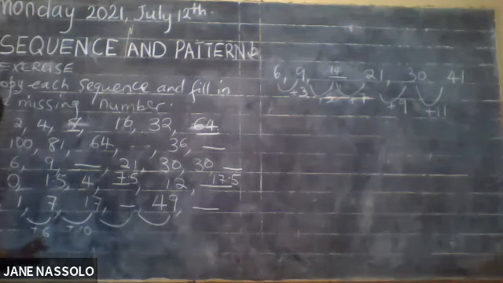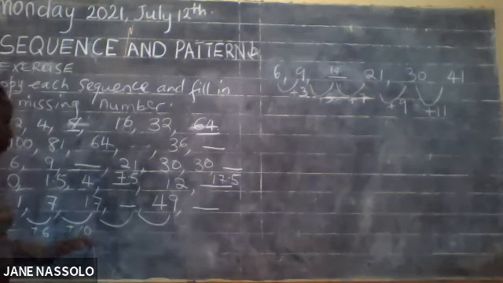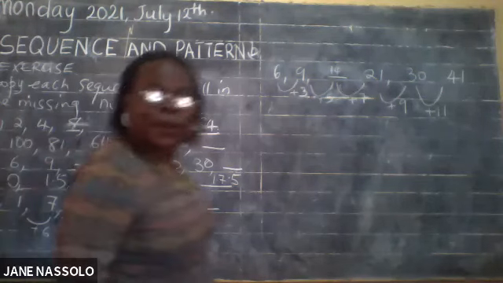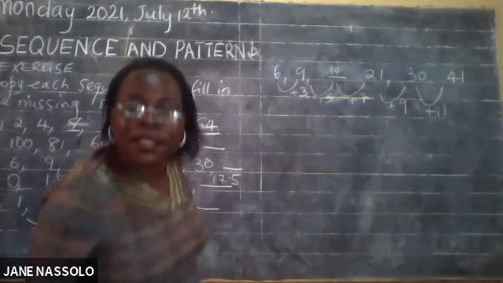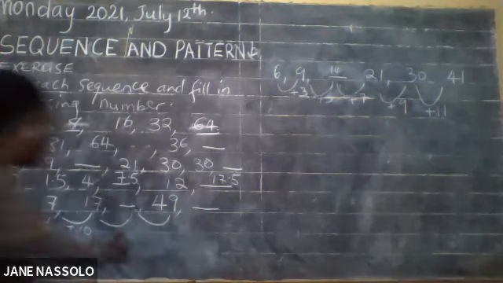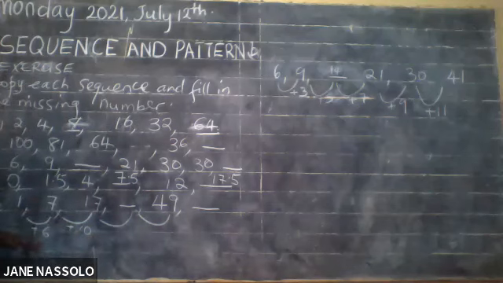We have 6. We had 10. What should we add next? 15? How are you getting 15? 14. We have 6. This is 10. Both of these numbers are even numbers.